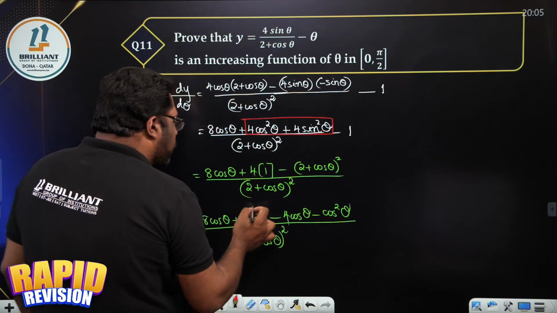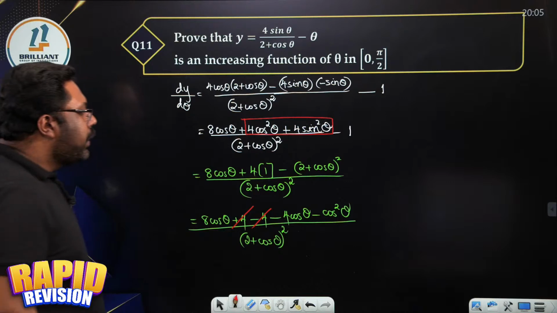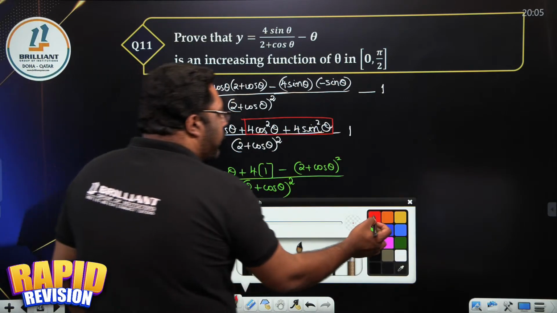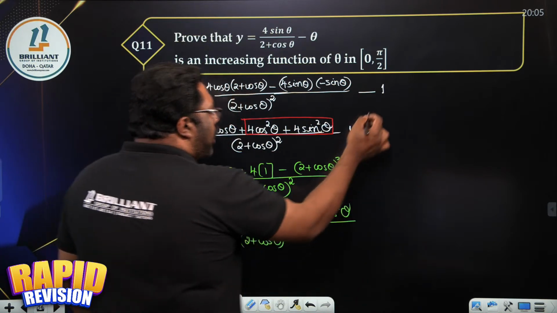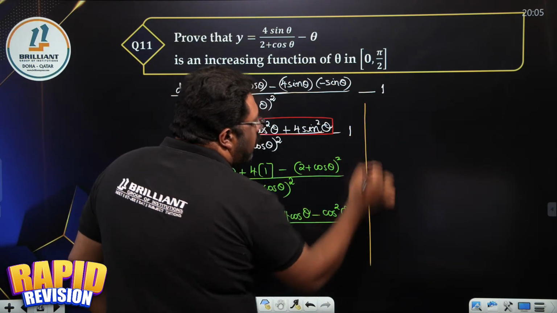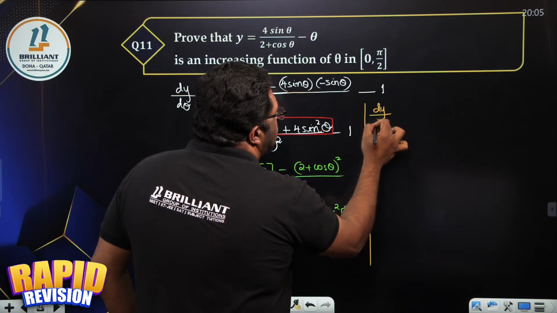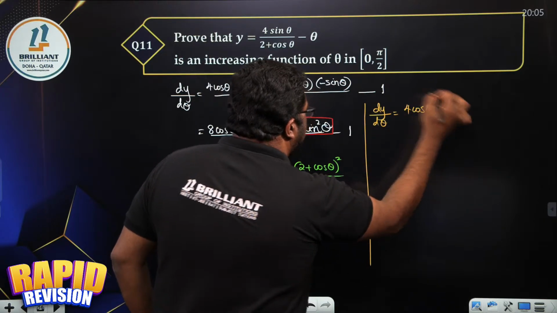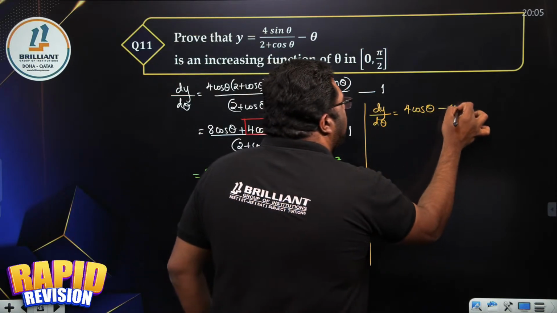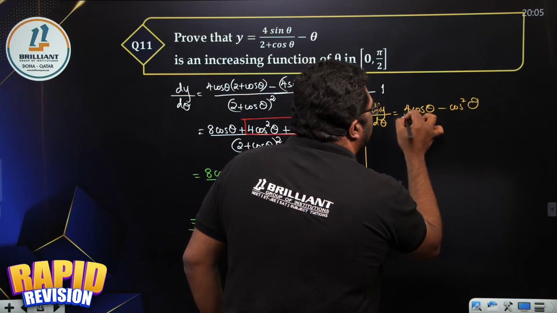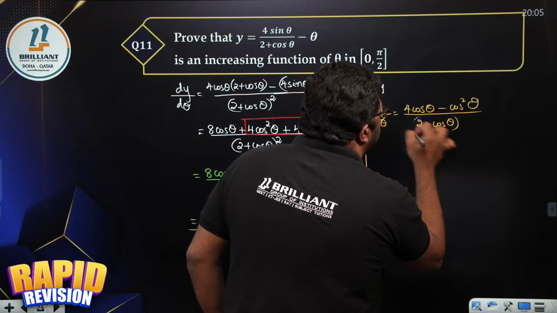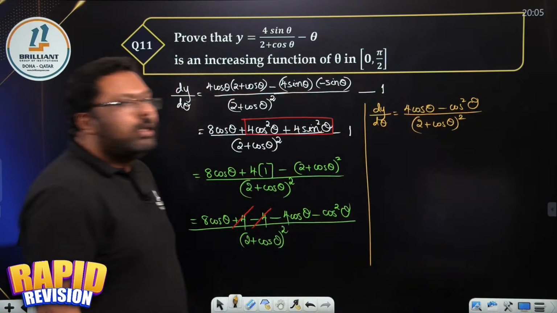Cancel the terms, 4 and minus 4. 8 cos theta minus 4 cos theta is 4 cos theta minus cos squared theta, divided by 2 plus cos theta squared.